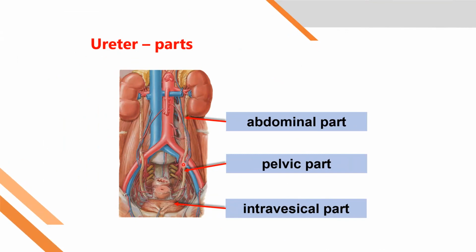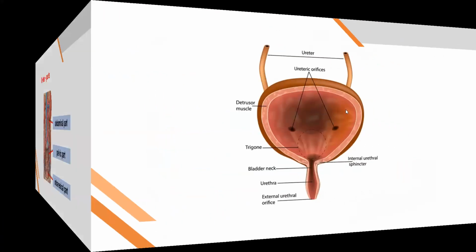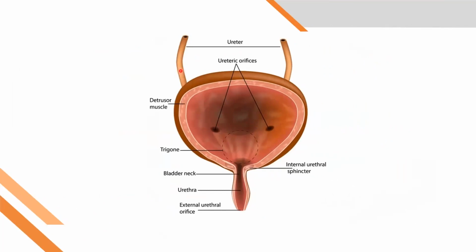Once it enters the pelvic region, it becomes the pelvic part, and the intravesical part is the part of the ureter that's embedded in the wall of the bladder. Vesical means bladder, so intravesical. This is how it looks, and this is the opening of the ureter.